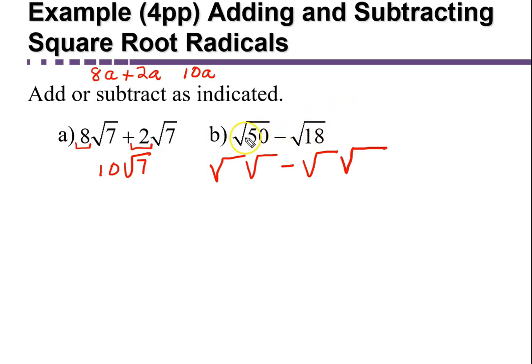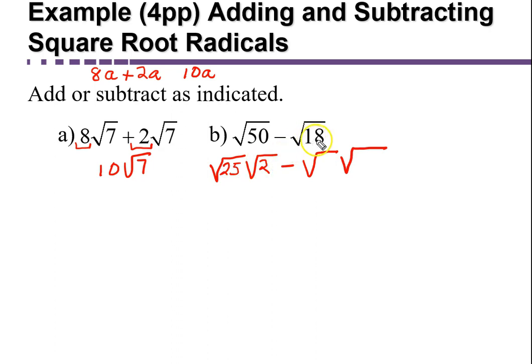We're going to tease the 50 apart, square root minus square root, and we want to put the largest perfect square factor that we can get out of 50. So if we divide it by 2, we get 25 and 2.